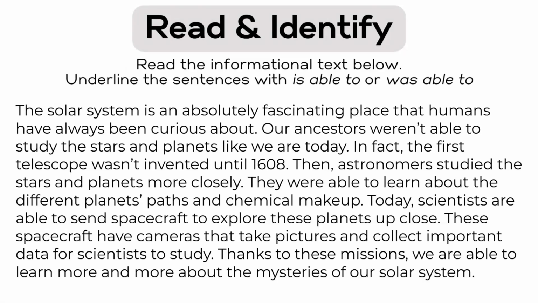Go ahead and pause the video and see if you can find 4 sentences that use this modal. When you're ready to see the answers, hit play. Let's see if you found them. Let's read the informational text together so we can practice our fluency. When we get to the modal, I will underline it.